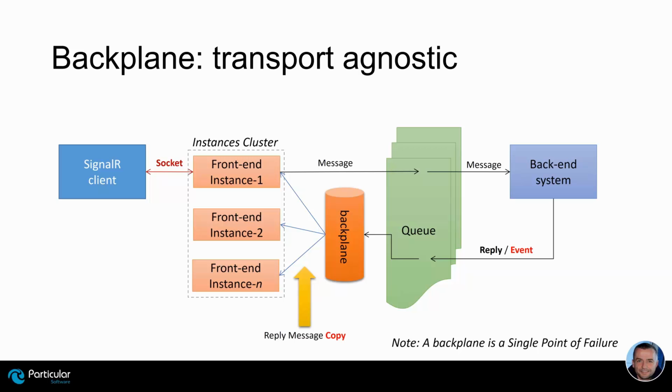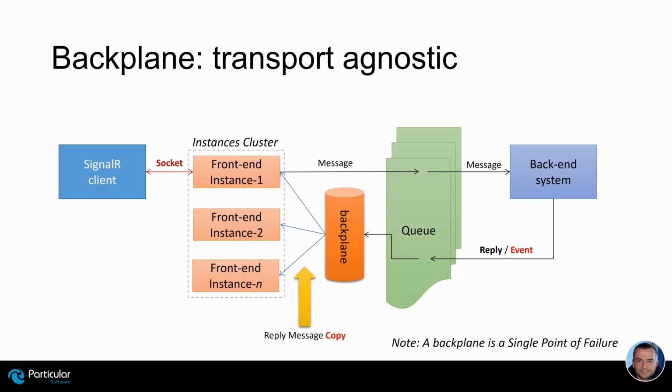We'll see in a minute that we can use a transport to solve the same problem if the transport supports this architecture. The other important thing is that the diagram does not show it really well, but depending on how we implement the backplane, what may happen is that all these front-end instances will have their own input queue to receive that is mediated by the backplane itself.